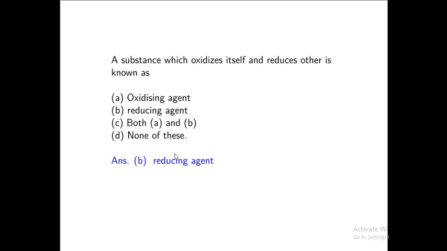It will be reducing agent. The substance which oxidizes itself and reduces other is known as reducing agent. That means here the substance is losing its oxygen. Oxidizes means what?